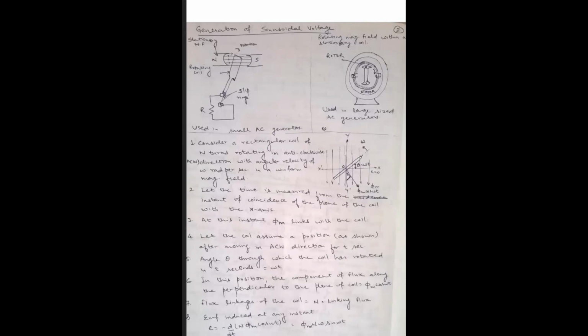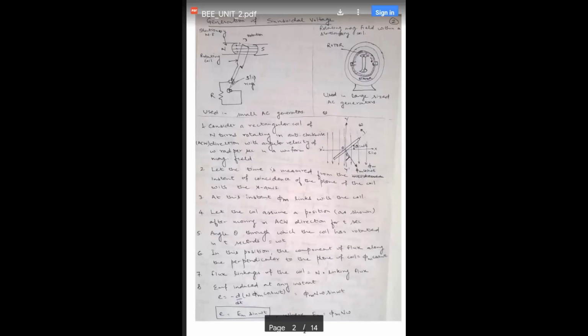So when we talk of the angular velocity of the rotor, that angular velocity can be due to the movement of the conductor or due to the movement of the rotor. Which application is used, this is to be known.